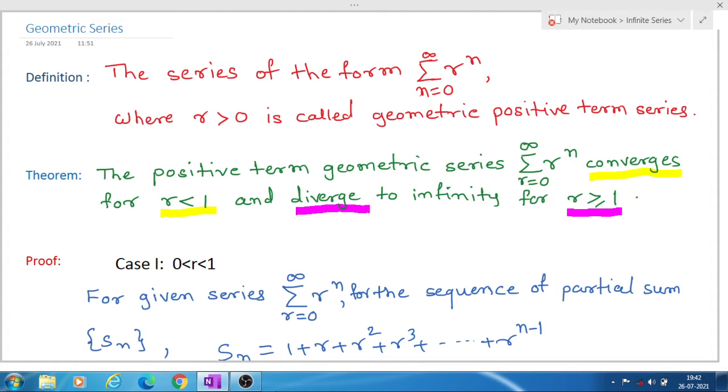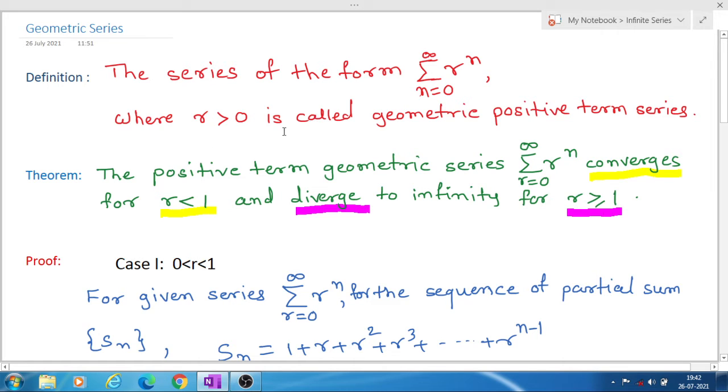So the definition of geometric series is the series of the form summation r raised to n, n equal to 0 to infinity, where r is greater than 0, called a geometric positive term series. So geometric series is summation r raised to n, n equal to 0 to infinity.